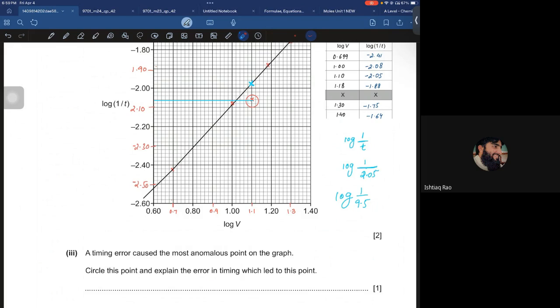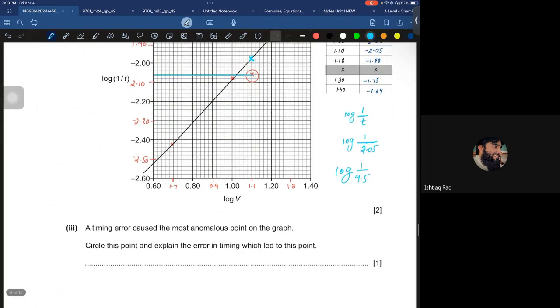It means he or she is not on time. Otherwise, the answer would be correct. So I am supposed to write: stopwatch started too early.